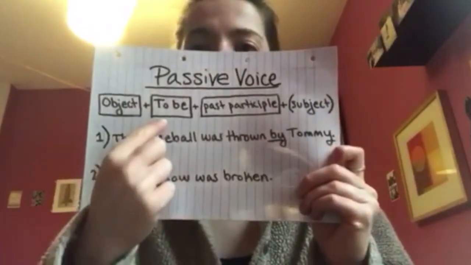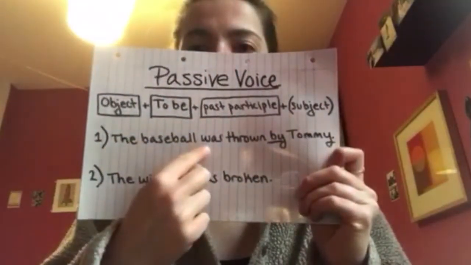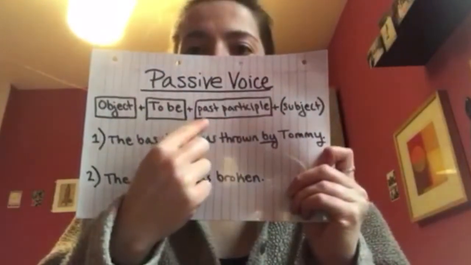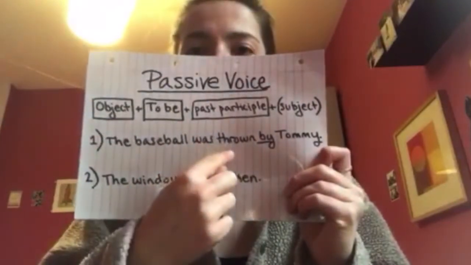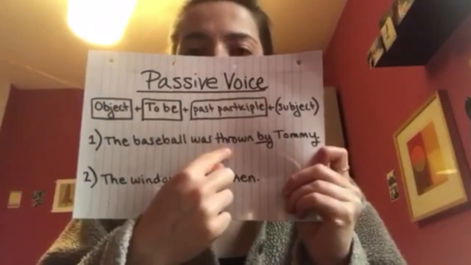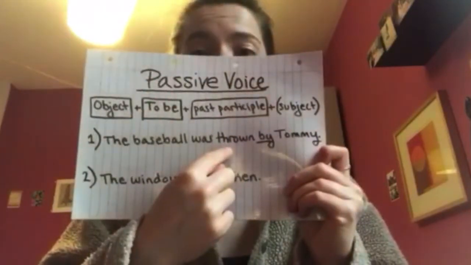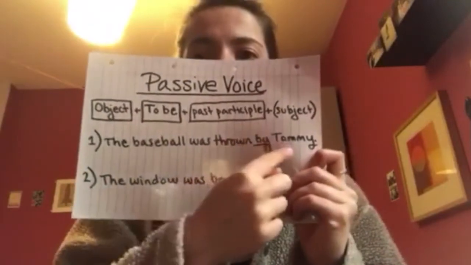Then we have the verb to be in past simple, which is was. Then we have the past participle of the verb to throw, which is thrown. And since we do know who the subject is, the person who is doing the action, we can include his name, Tommy.